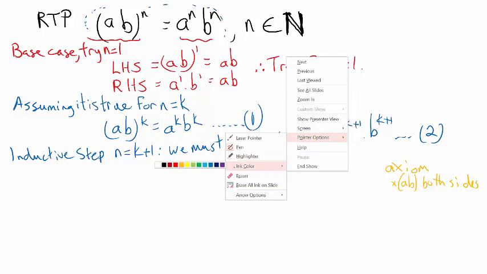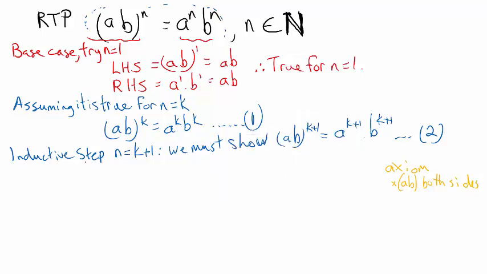Where was I? Alright. Maybe we should change colours again, hey? Well, it's either a good thing or a bad thing. So here's the inductive step in action, going from k through to k plus 1. It's a process, okay?